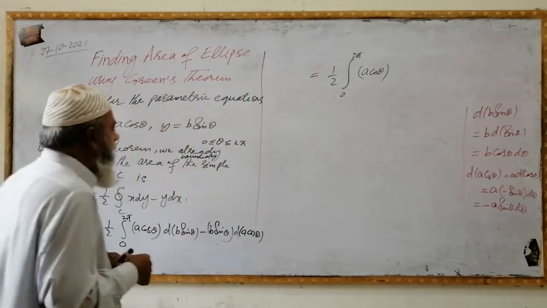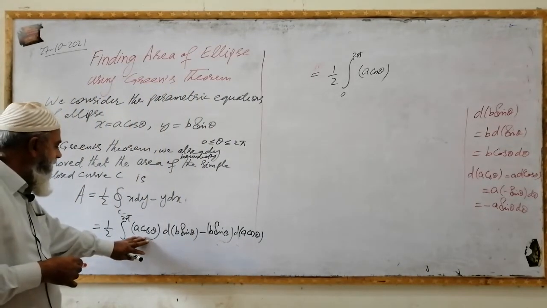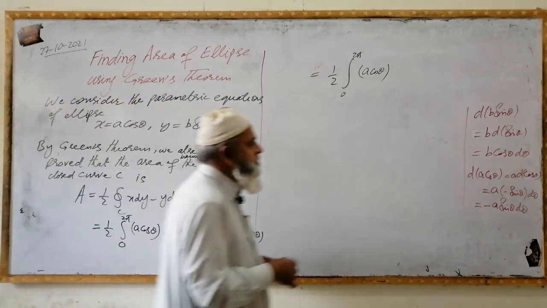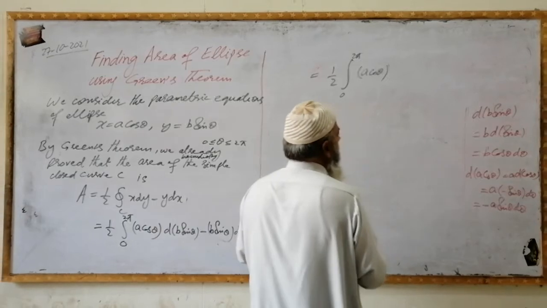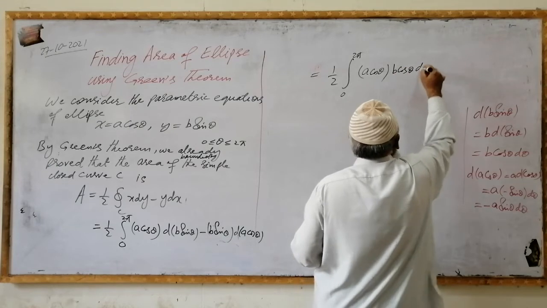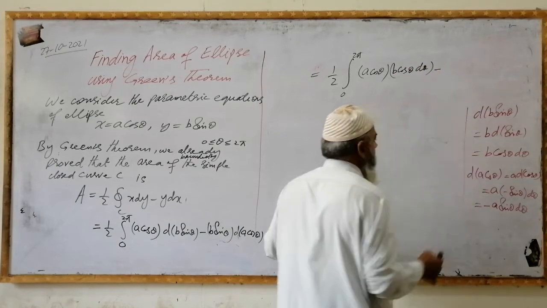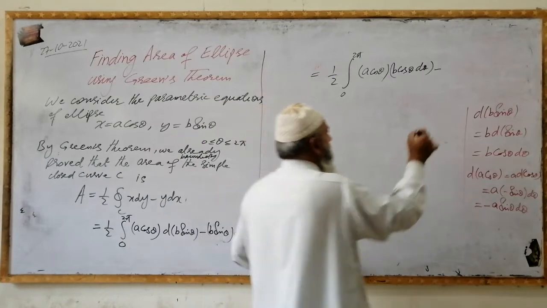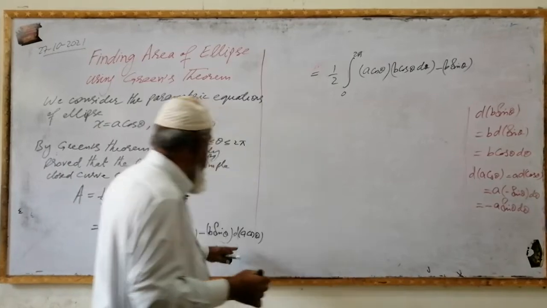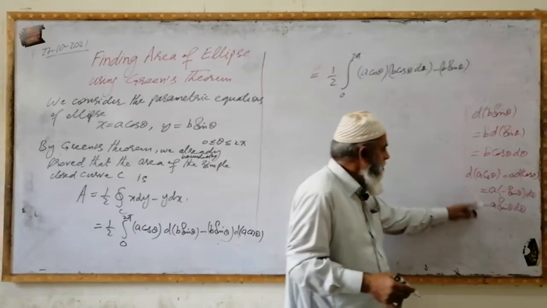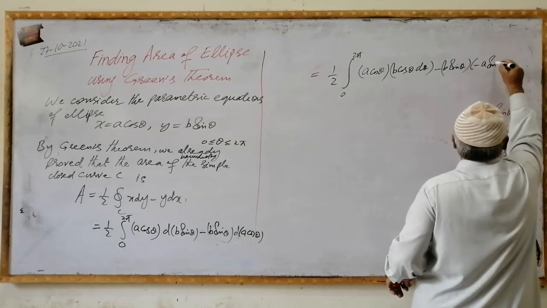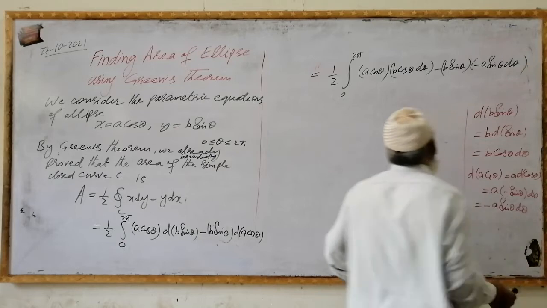Okay. Now here we have written a cos theta, and now we have to write differential of b sin theta, which we just calculated, b cos theta d theta, and then minus b sin theta. And what's the differential of a cos theta? We just calculated minus a sin theta d theta, and we are writing here minus a sin theta d theta.